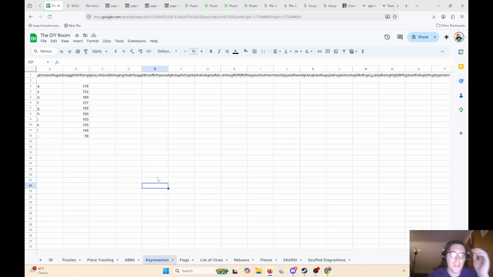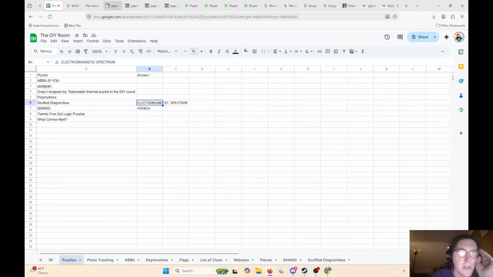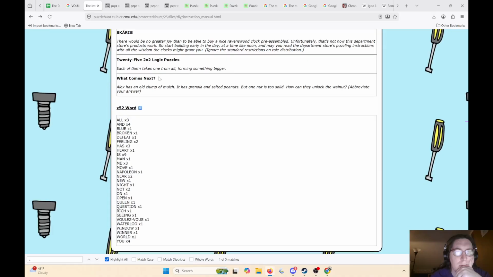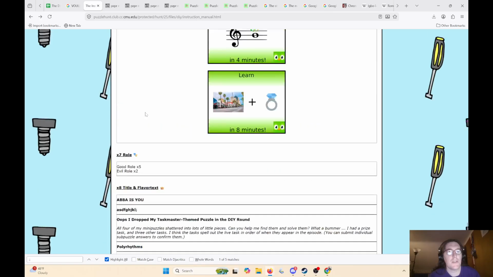Like, these could be numbers, right? We don't have any flavor text on this, correct? On key smashes. Yeah, it's just a stagical. I mean, yeah, these could be numbers.